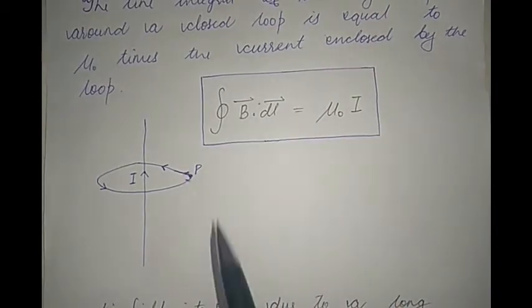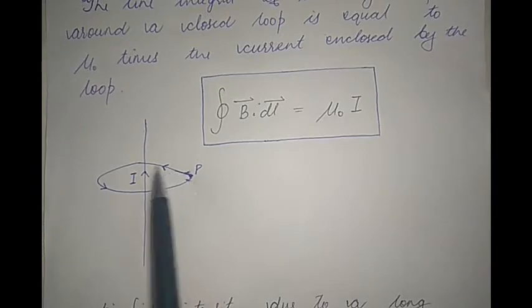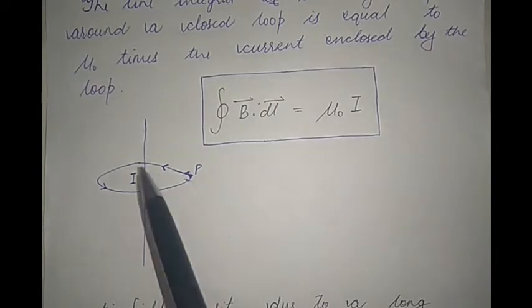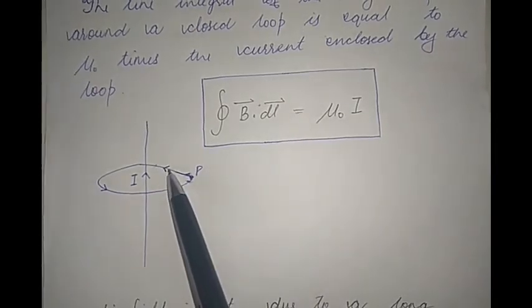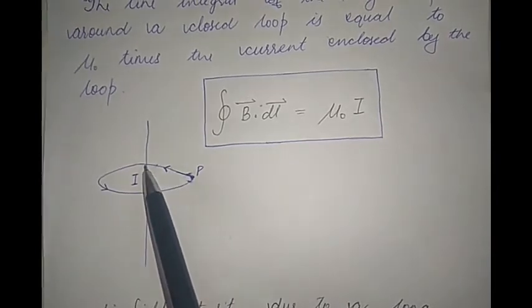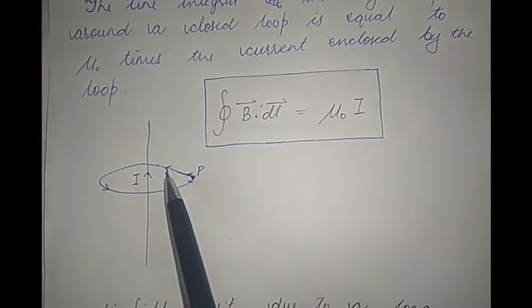The direction of dl is taken to be the direction of the magnetic field intensity itself. At any point you can consider dl, and the direction of dl and the magnetic field intensity at that particular point will be the same.